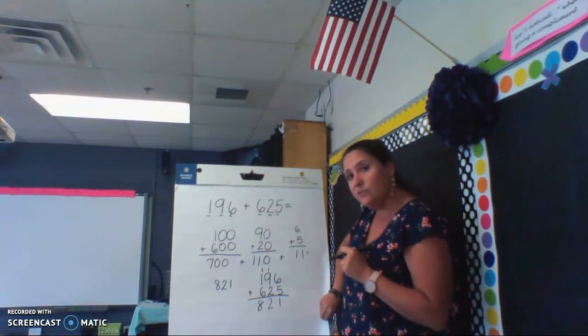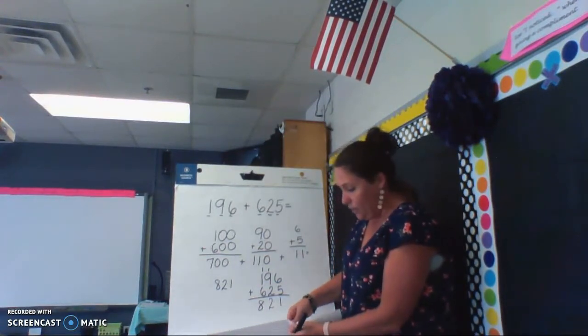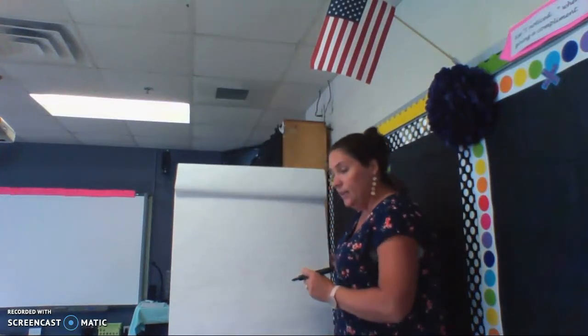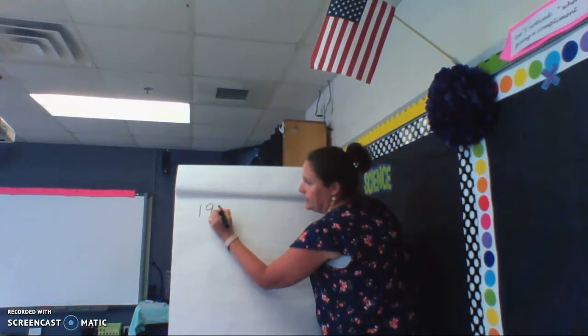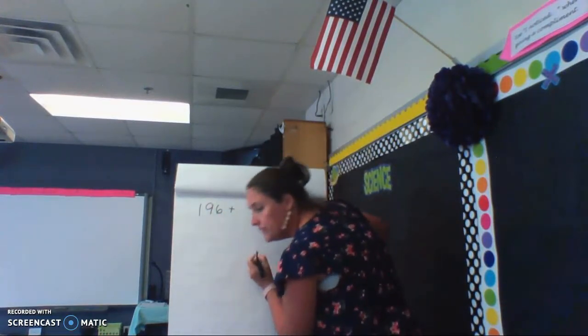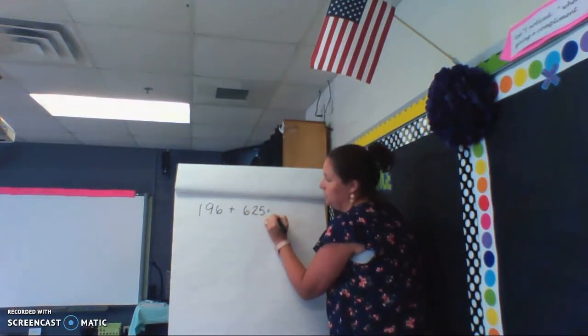Maybe you may have done it with a number line. Let's take a peek at what it may have looked like on a number line. So again, we have the problem, 196 plus 625 equals.